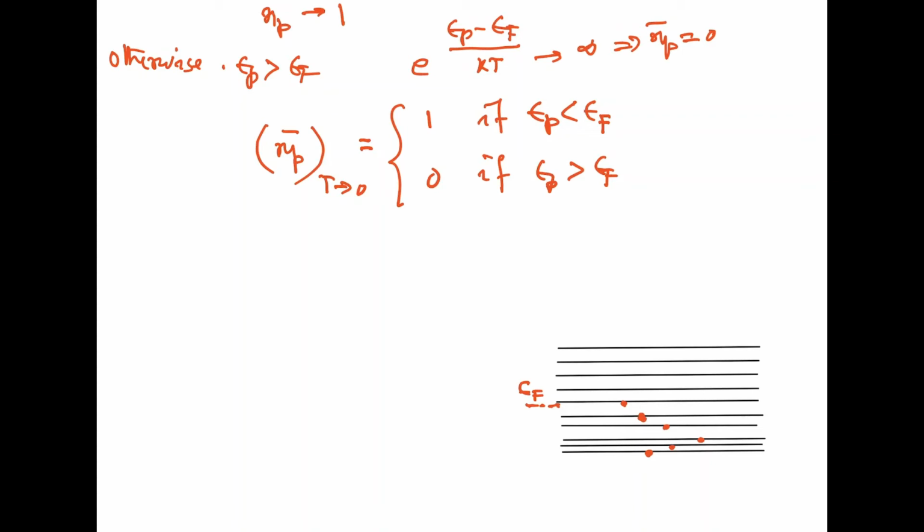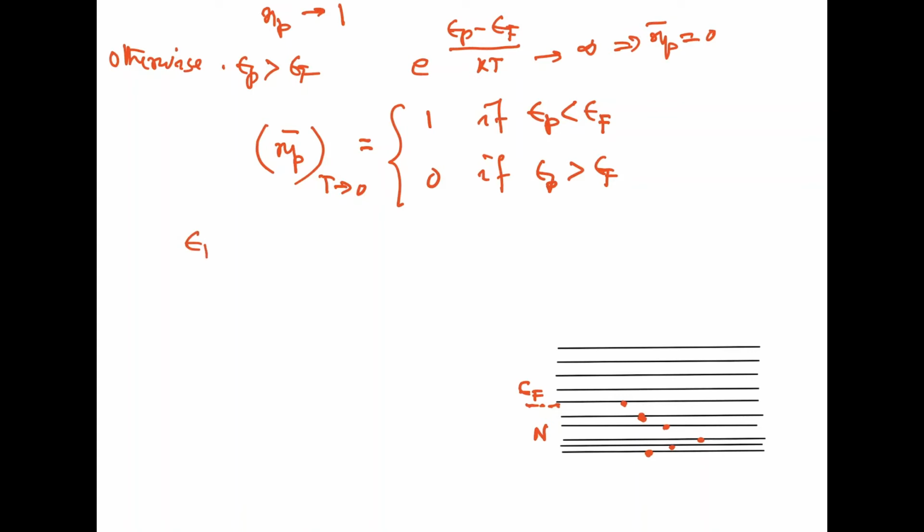Thus epsilon F is simply the single particle energy level below which there are exactly capital N states, because the total number of particles is capital N. So below this there are exactly capital N states.